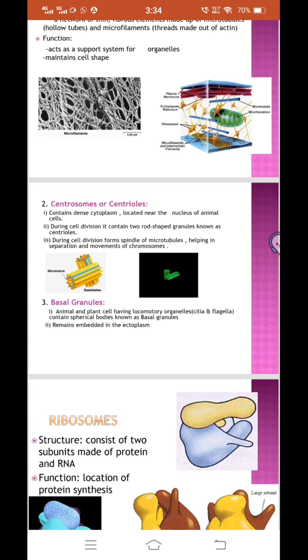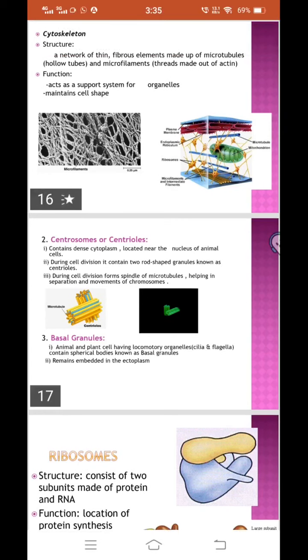Now these chromosomes are the genetic material carrier, है ना? They carry the different characteristics, and they carry the genetic material from one generation to another generation.